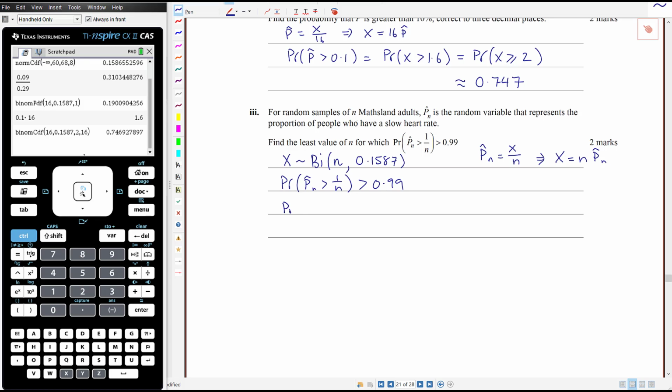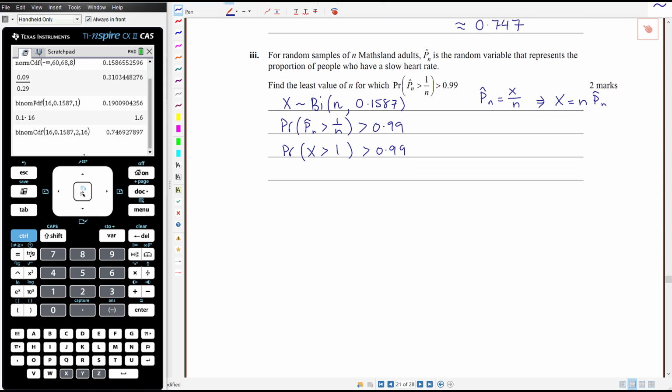That is the same as the probability of X being bigger than 1, has to be bigger than 0.99. Which means the probability that X is less than or equal to 1 has to be less than or equal to 0.01.